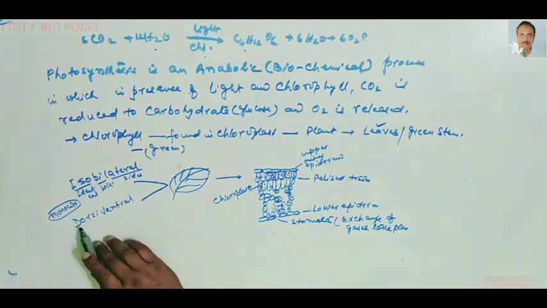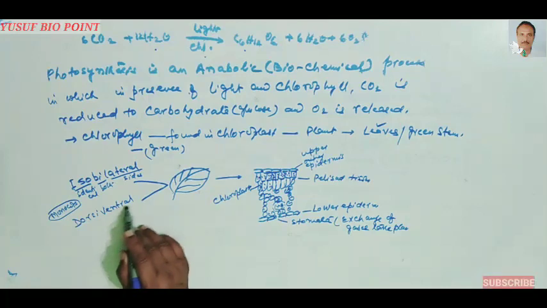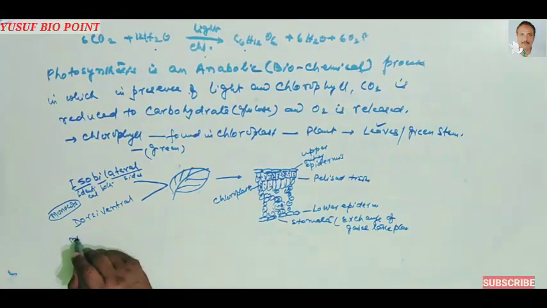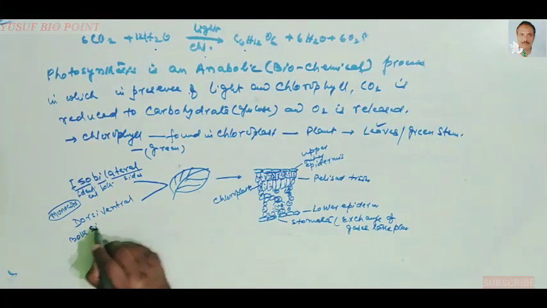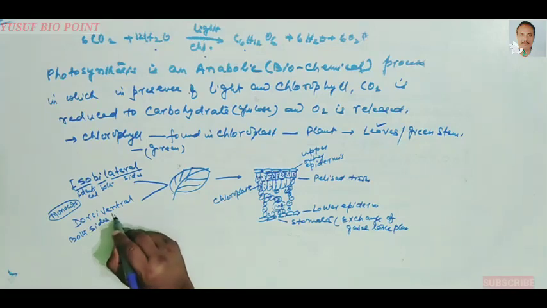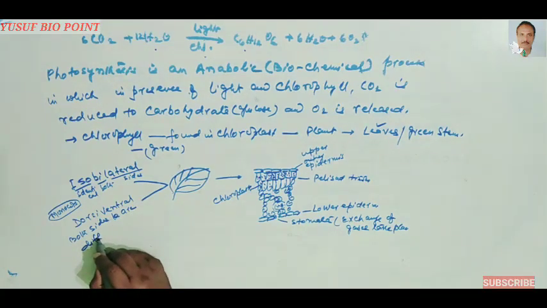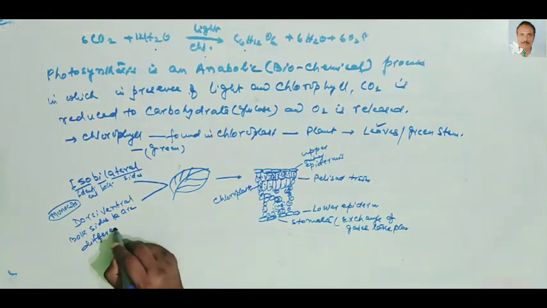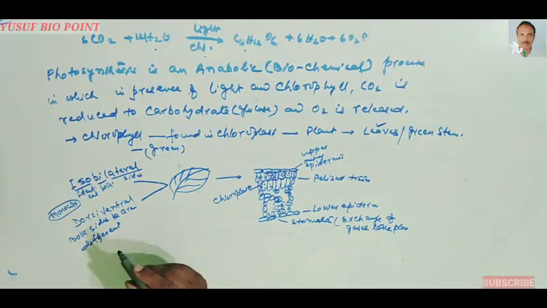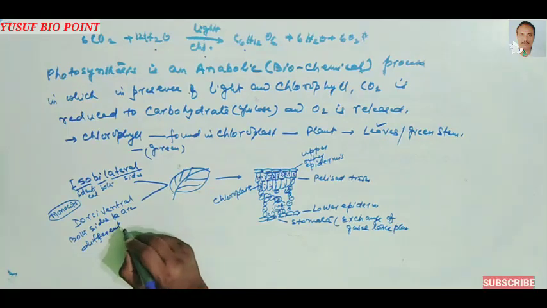And dorsiventral, dorsal and ventral, means both sides are different, for example in mango and banyan, and that is found in dicots.